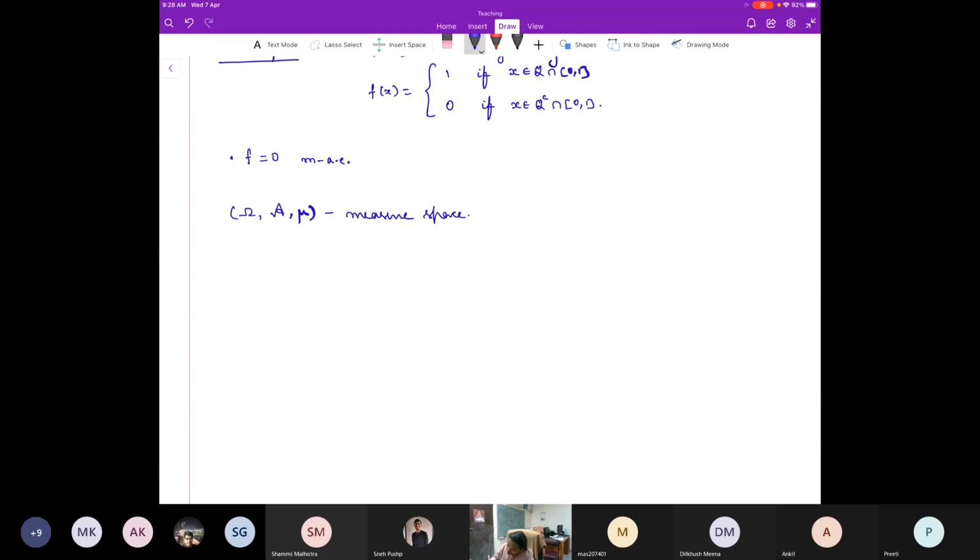Correct. Now let's begin with the definition. Let f_n be a sequence of extended real valued measurable functions.